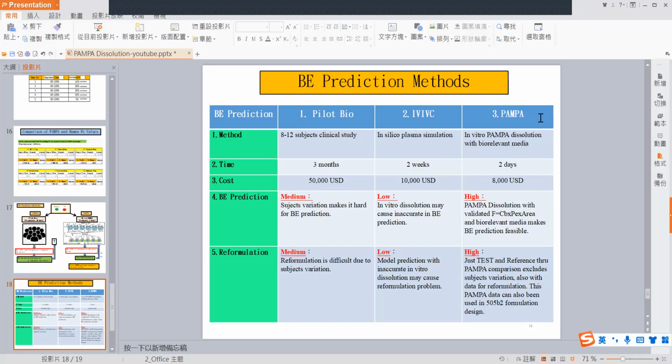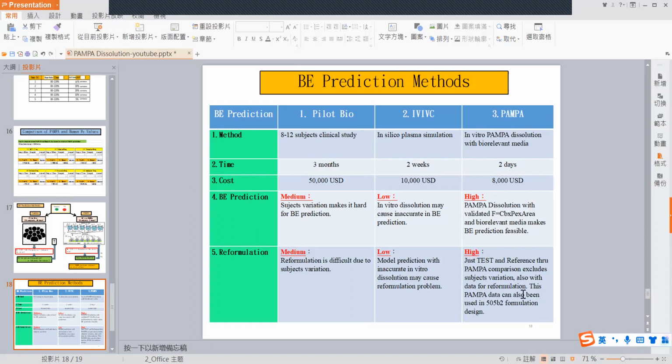With PAMPA dissolution, we now have this validated equation, and based on it we can have these two parameters measured exactly and without the influence of individual subject variation, right? So you have data, and therefore your prediction is high and your reformulation is also high. That means you can easily do your reformulation in the laboratory.